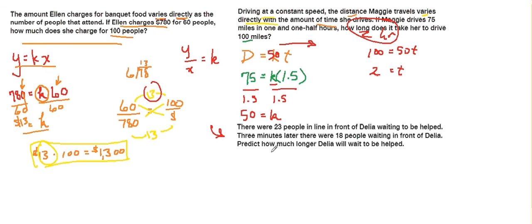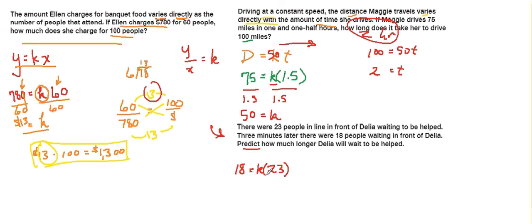How about if there's 23 people in line in front of Delia waiting to be helped, and 3 minutes later there's 18 left, how much longer will Delia have to wait to be helped? 18 was the output. That's where she ended up. That's the new number. I'm guessing we're following this pattern. We're going to use direct variation to predict. 23 was the input.